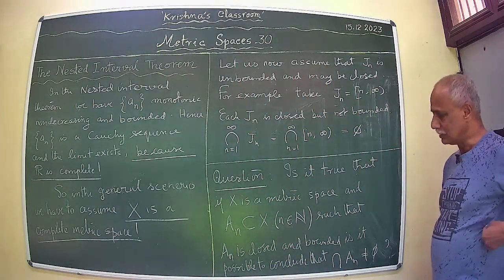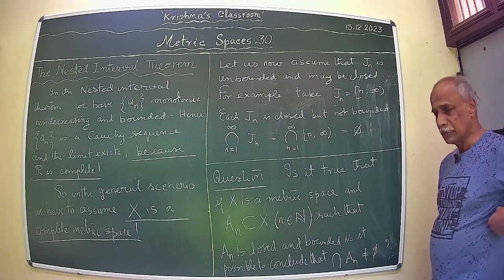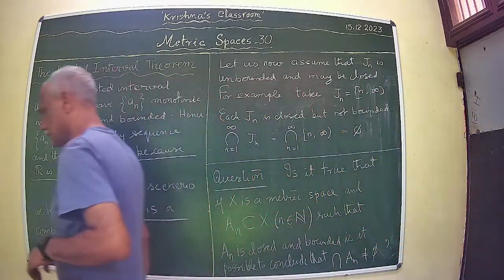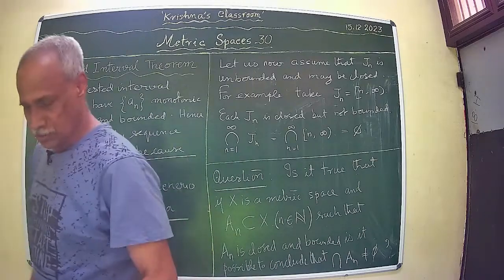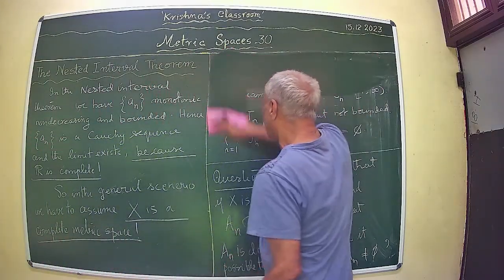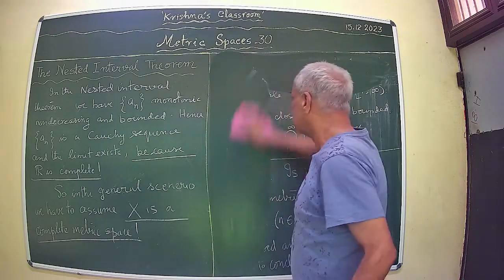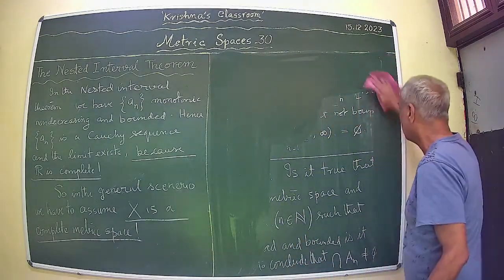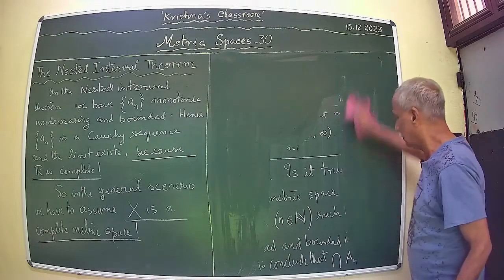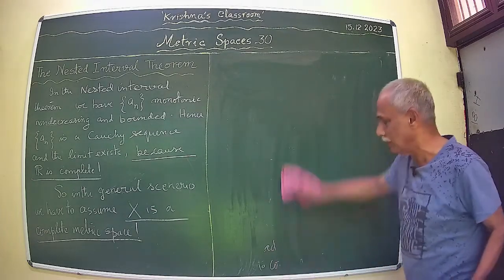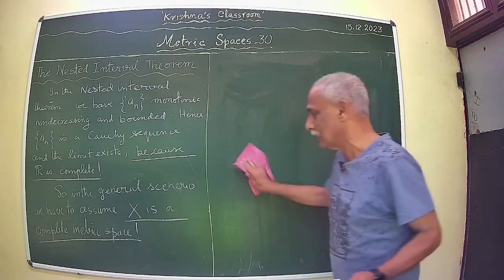With these assumptions, is it possible to conclude that the intersection of An is non-empty? So the problem is this. So we now ask, remember when we work in a general metric space, it is not structurally rich like the real line.